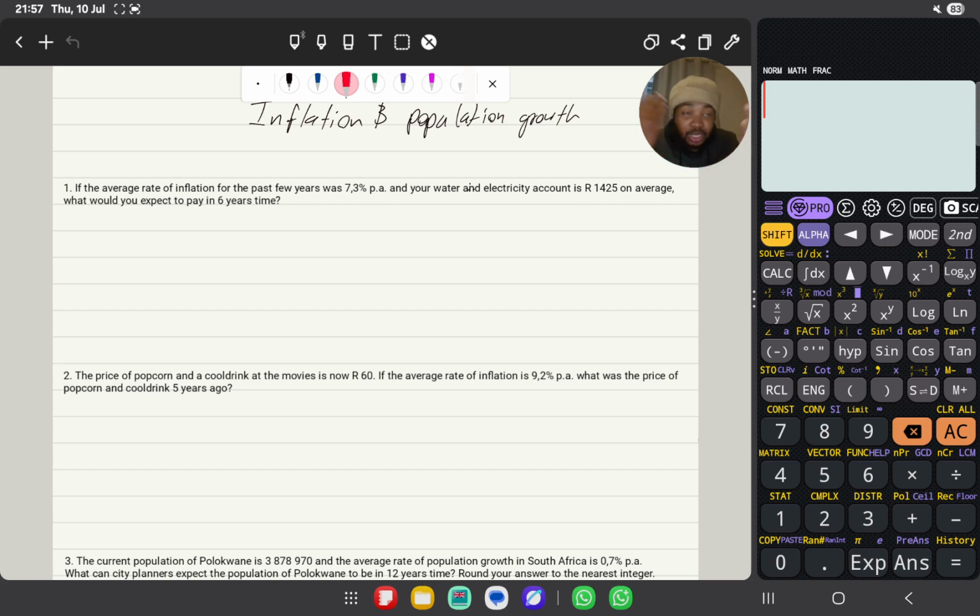Of course, when we're talking about money, we can't say the money is growing, but we talk about the interest that has been gained, and so forth. So the rate of change for inflation, for prices, and population growth, they happen via that formula.